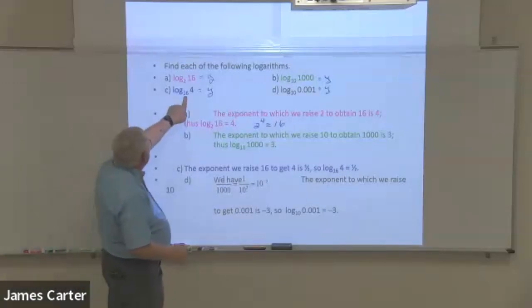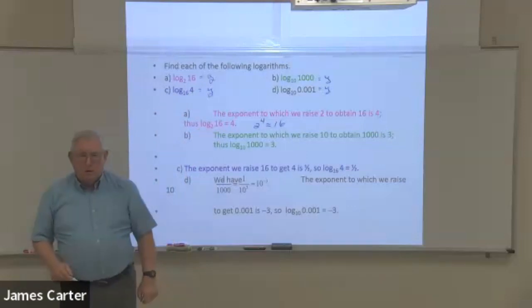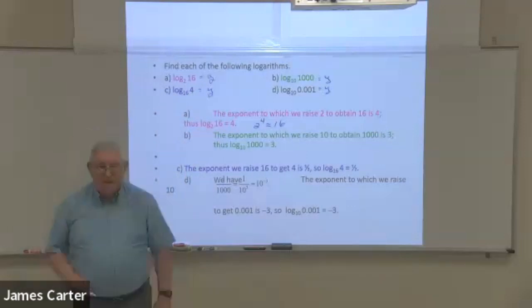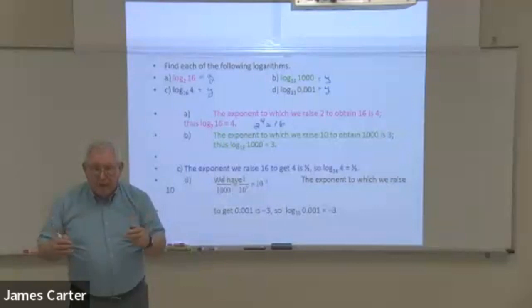Okay? What about this one? 16 to the power equals 4. Isn't the square root of 16 equal to 4? And what power is a square root? A square root is a half power, if you convert a radical to a fraction.